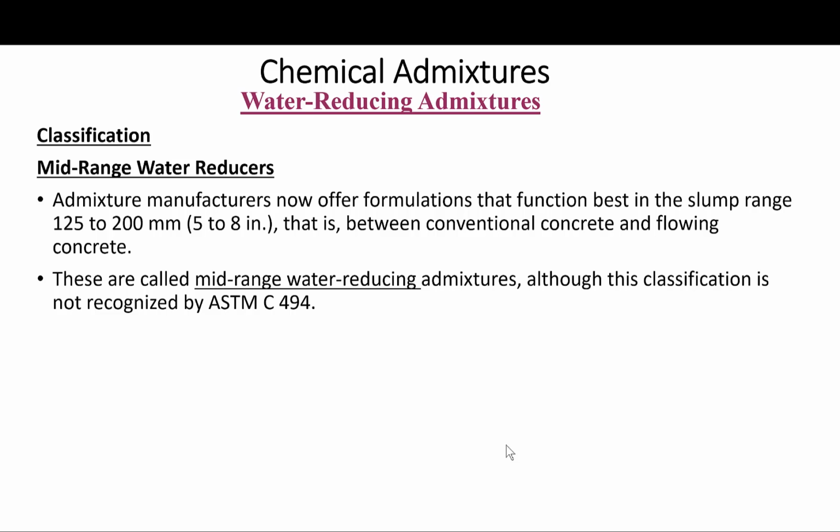As I said, they are referred to as mid-range water-reducing admixtures. Although this classification is not really recognized by ASTM C494, nonetheless we're talking about performance specifications. So an engineer or a ready-mix supplier may choose to use them for whatever particular situation there is.